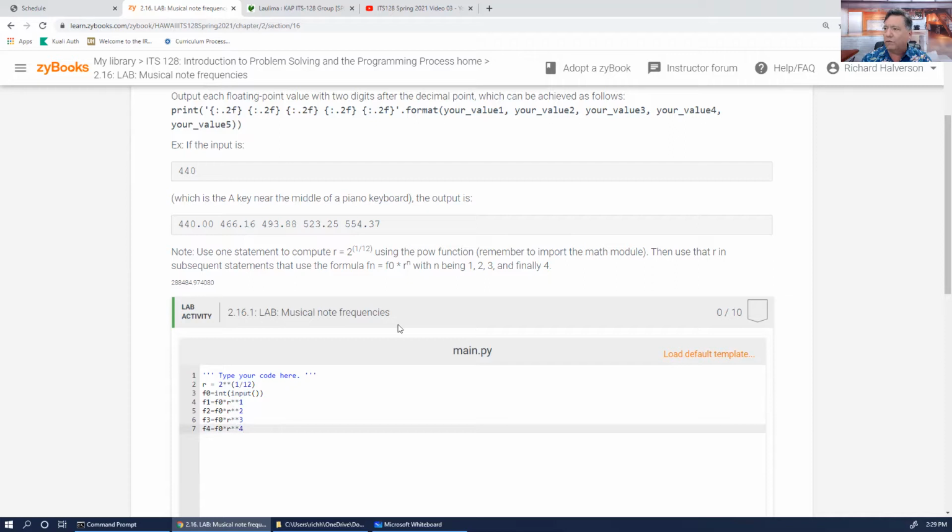So F4 is F0 times R to the 4th power, F3, and so on. So I think we can use the asterisk. I don't think I need to use POW.